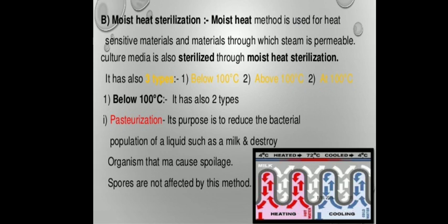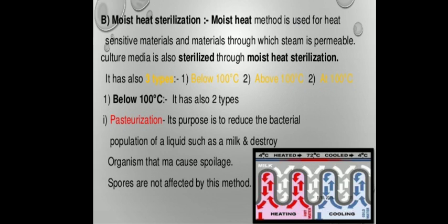Now you all might know that the pasteurization technique is generally used to reduce the bacterial population present in liquids such as milk, and it destroys the organisms that may cause the spoilage of that milk. To prevent or stop the spoilage of milk, what do we do?